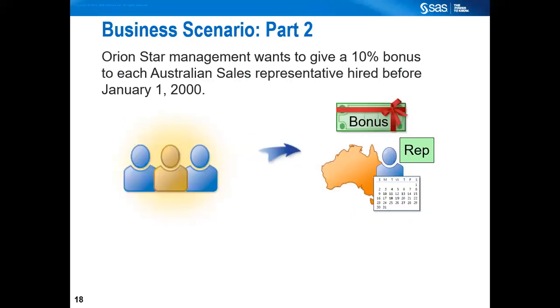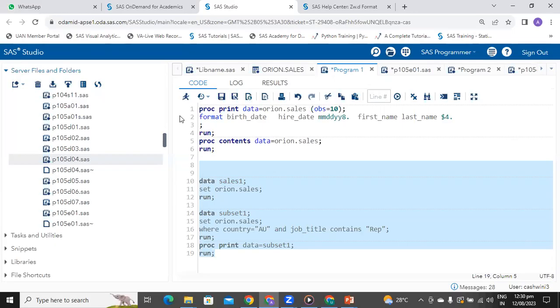Now what should this new data set have, apart from salary and all other columns? A new column called bonus. And this bonus is going to be 10% of the salary for each Australian sales employee. So going back, how do we create the new column for this new data?